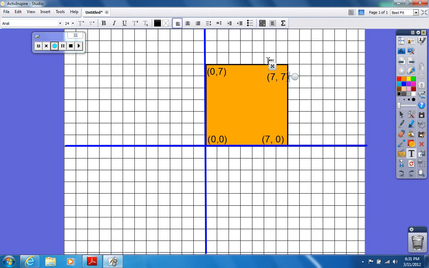Okay, now we want to prove that opposite sides are parallel, so let me go ahead and label these.